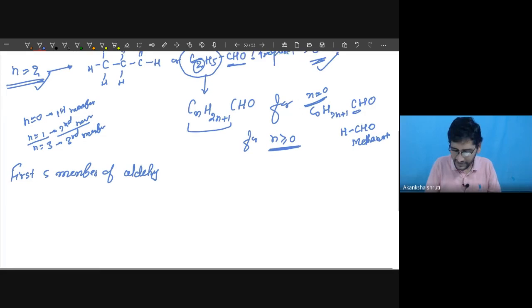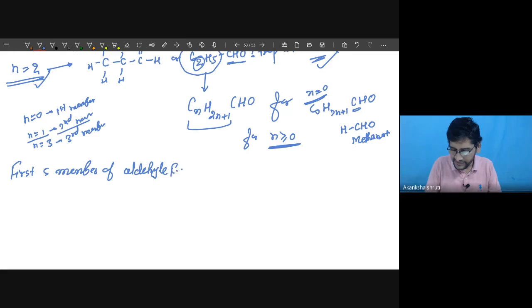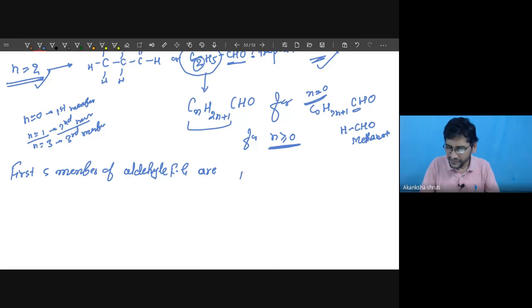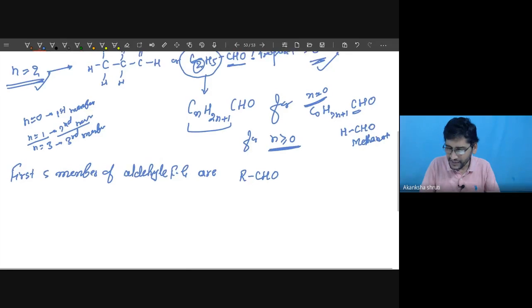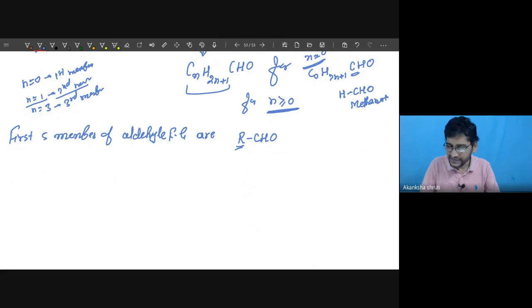I have explained everything about what the aldehyde functional group is. For writing, we need to understand that R and this CHO have to be maintained. In place of this R, it can be H also. So it could be H or R, and CHO. So the first member is HCHO.